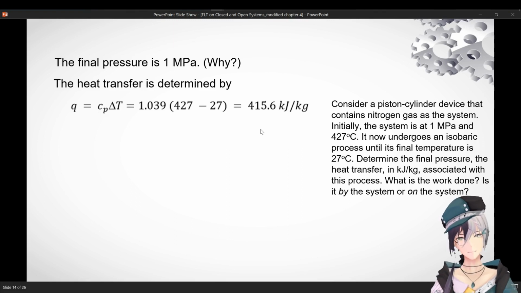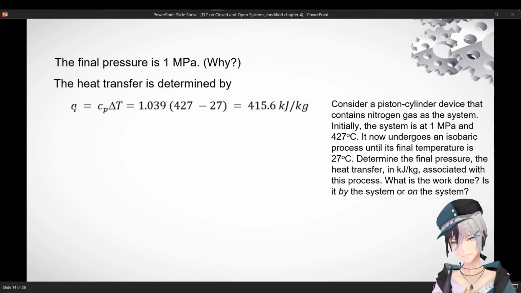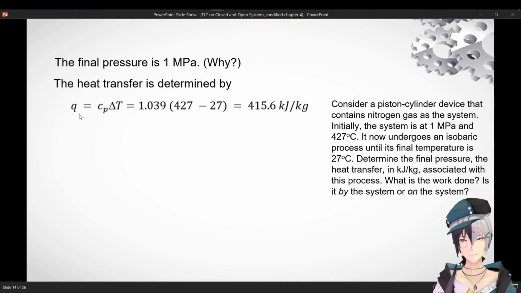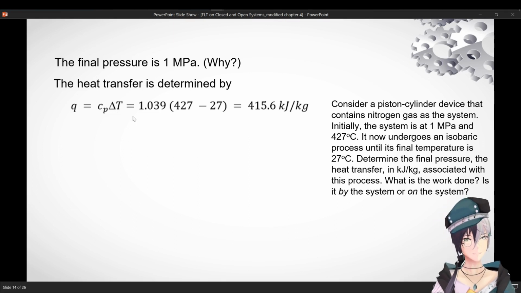However, the answer is expressed in kilojoules per kilogram, so take note that q is in lowercase, divided by unit mass. So we are now left with the specific heat at constant pressure, then delta T.